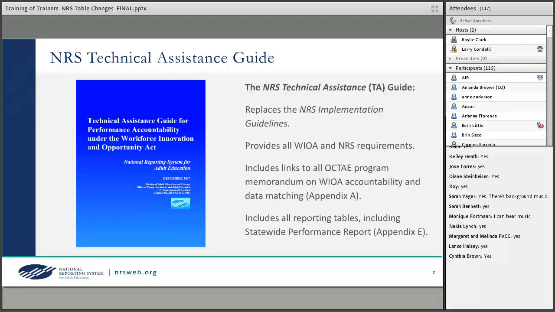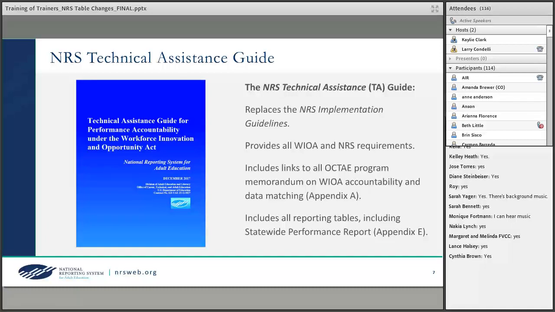Memorandum 17.6 talks about supplemental wage information, so how you can collect supplemental data to meet the wage and employment requirements of WIOA. And Memorandum 17.7 covers how you submit your annual report, and it is additional joint guidance on data matching. So all of that is linked in Appendix A. It is not directly in there.